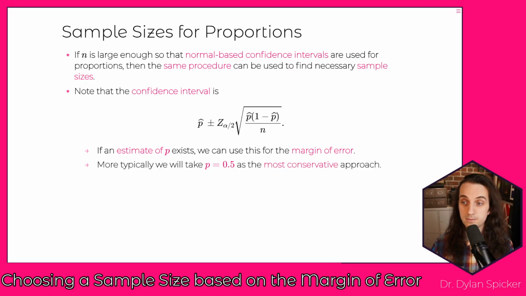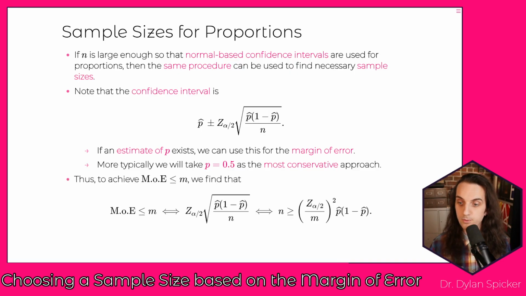Alternatively, we can just take p equals 0.5, and taking p equals 0.5 in this expression gives us the most conservative approach. It's going to require us to take even more individuals than we might otherwise require, but that guarantees we get a large enough sample size.